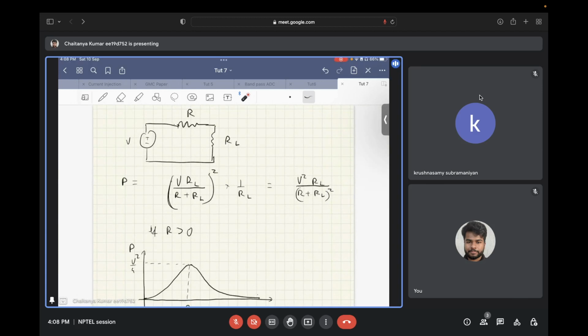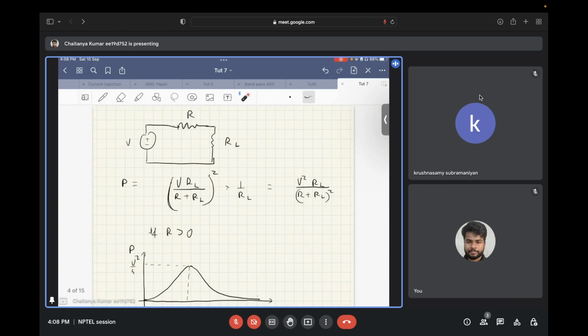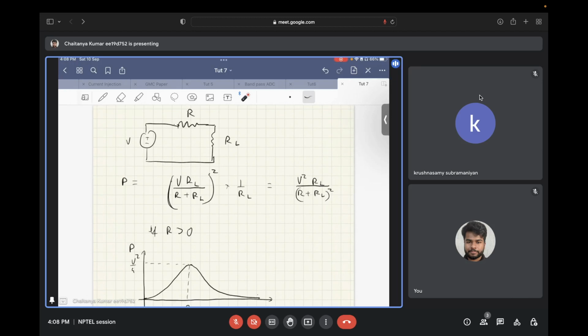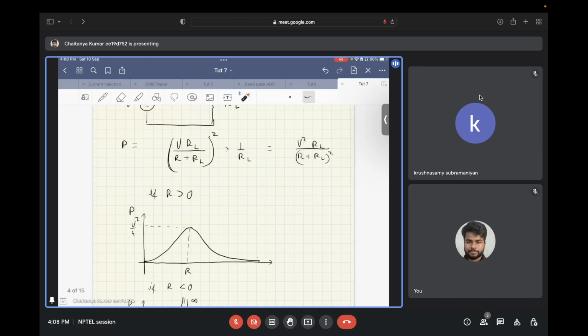Say we have an equivalent of any general network with a voltage V and some output resistance R. In that case, the power transferred to the load resistance RL is the voltage developed across it squared times 1 by RL, that is V square by R. That boils down to an expression where P is a function of RL.